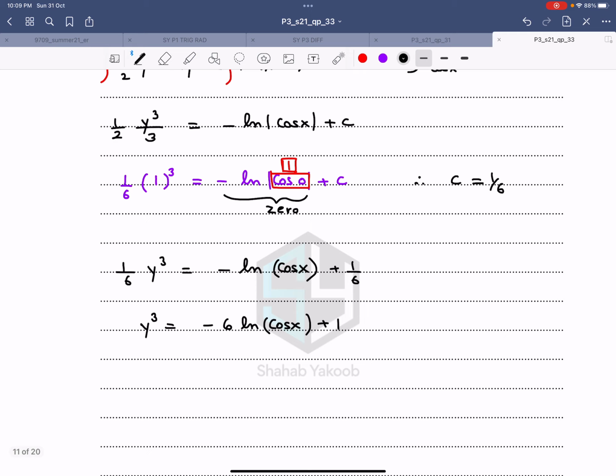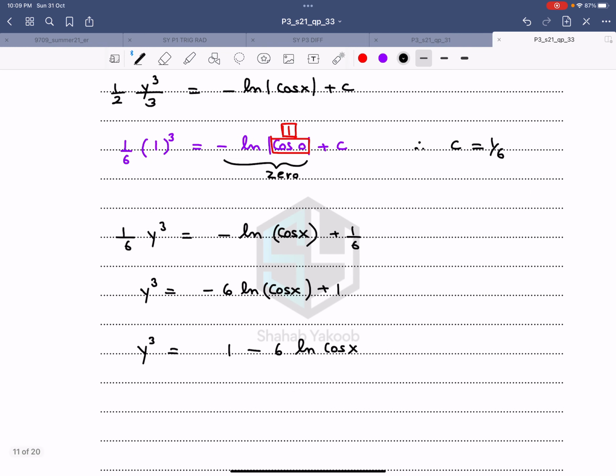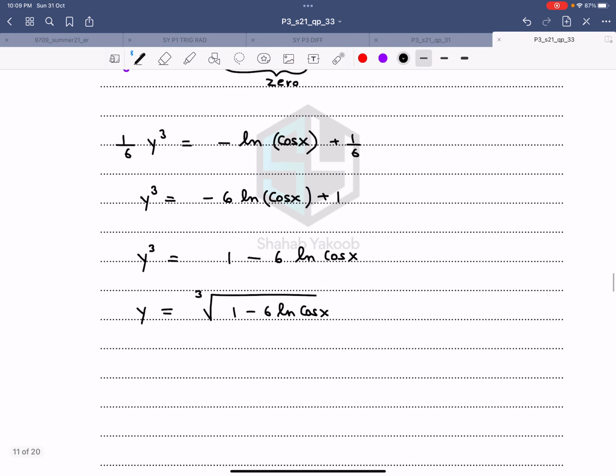And what else can we do? I can raise this minus 6 as a power of this, or I can let it remain as it is. I can write this as minus 6 ln cosine x, and therefore y is equal to the cube root of 1 minus 6 ln cosine x, and that is the particular solution for this question.